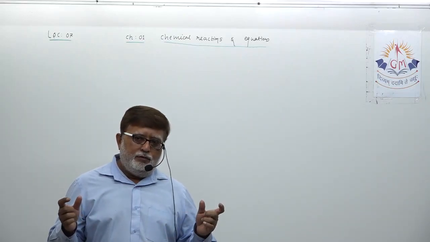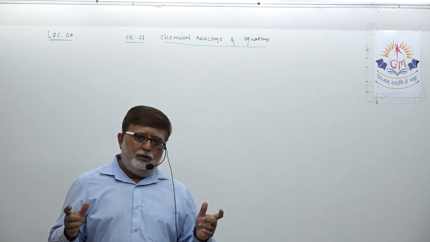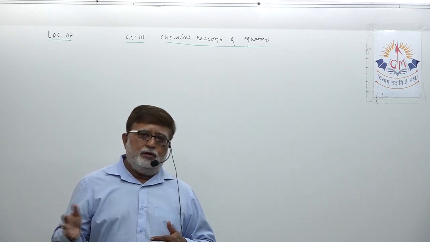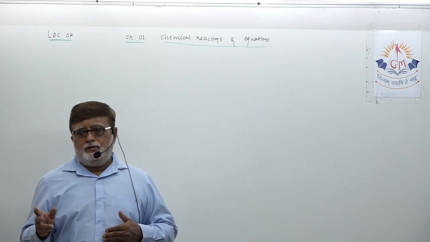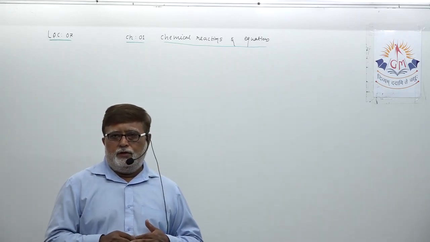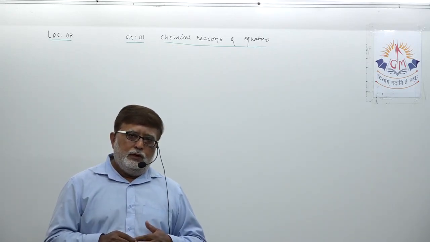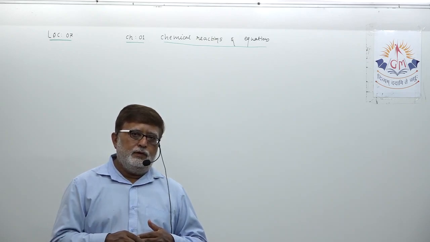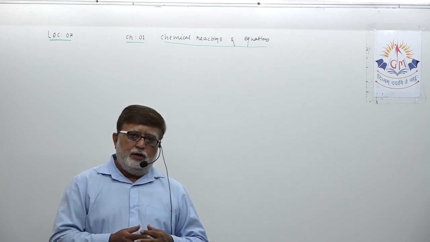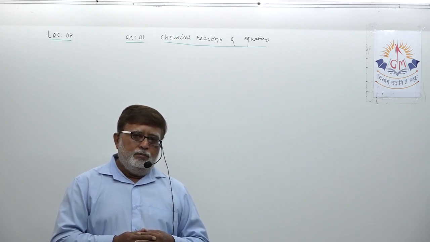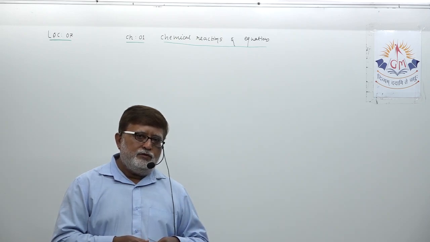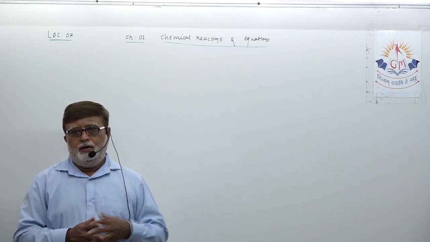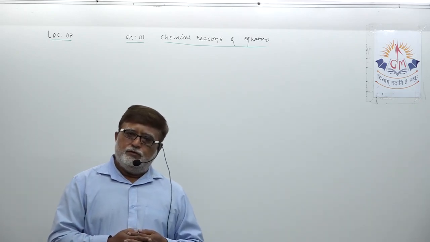First, you need to write an accurate definition of both the reactions. Exothermic: a chemical reaction in which heat energy is produced, or heat energy appears as a product, is known as exothermic reaction. Most of the combination reactions we studied in lecture number 4 and lecture number 5 were similar.